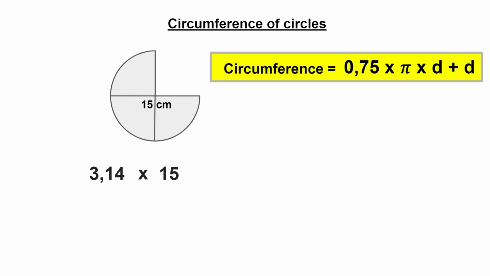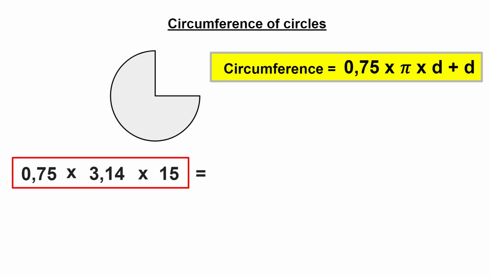So since we're calculating the circumference of 3/4 of a circle, this means that we can multiply our circumference by 0.75. So by multiplying 0.75 by 3.14 by 15, we get 35.325 centimeters, which gives us the circumference of this curved portion of the shape only.